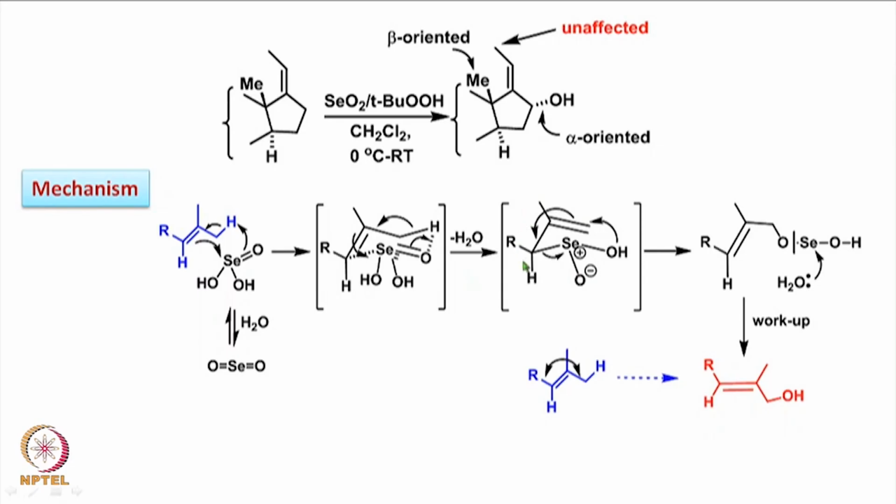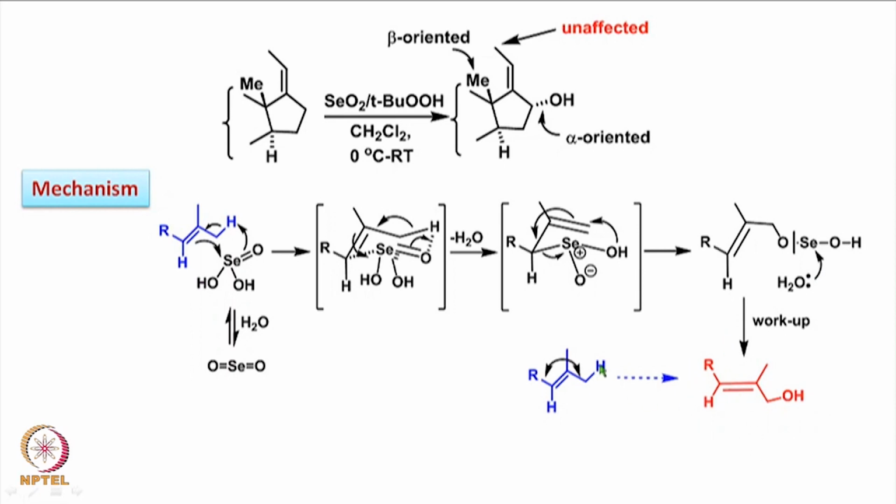And this selenium intermediate then undergoes rearrangement to form the carbon oxygen bond here and the cleavage of the carbon selenium bond to form this species, which can undergo, upon workup, a cleavage of the oxygen selenium bond, resulting in the allylic alcohol of this type.